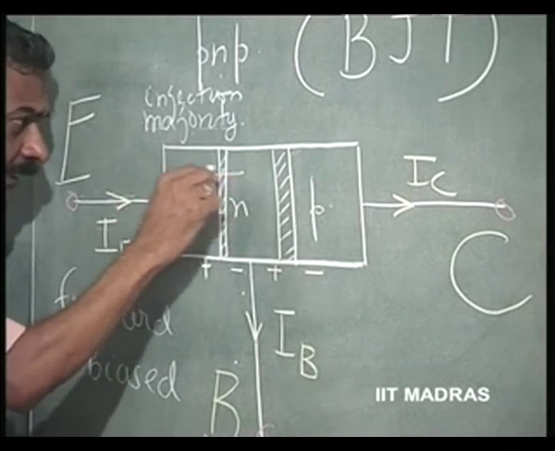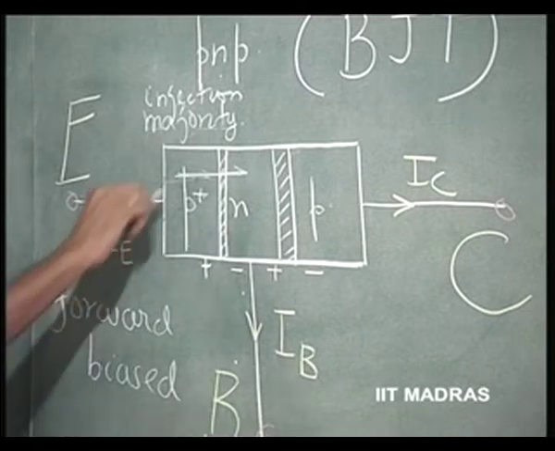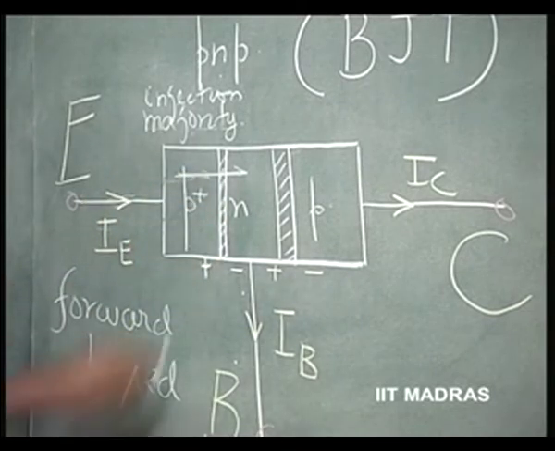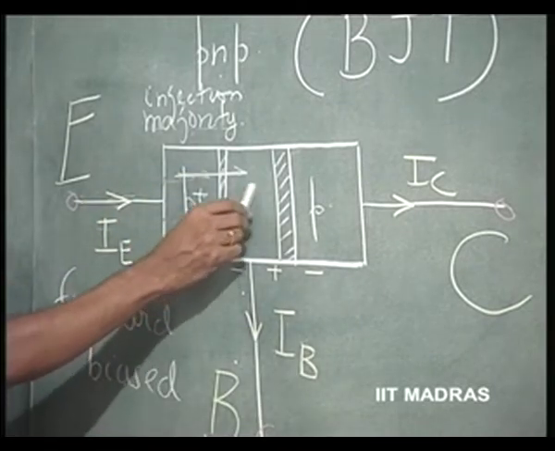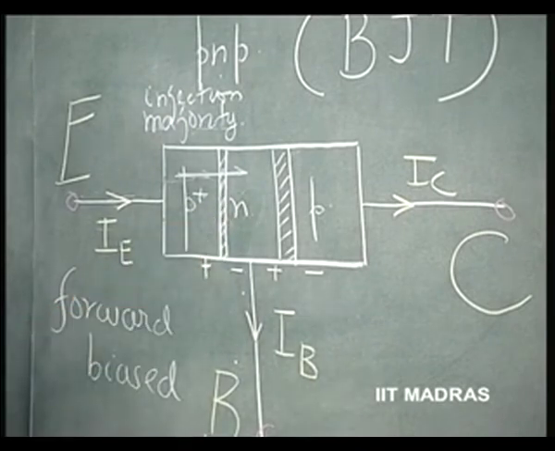Once these holes which are constituting primarily the current get injected onto this side, imagine them here, these holes in this region are minority carriers. So, they are likely to join up with electrons, and they are going to be wasted. We do not want this to happen in a transistor.